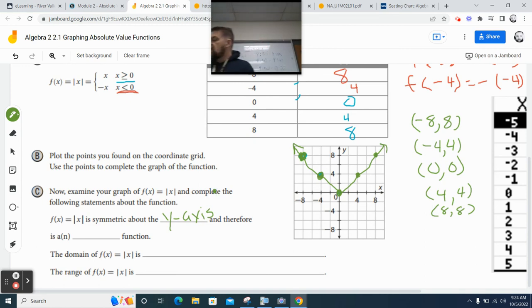And is a what type of function? Remember that an even function is symmetric about the y-axis. So whenever we have something that's symmetric about the y-axis, it's an even function. Just know that.